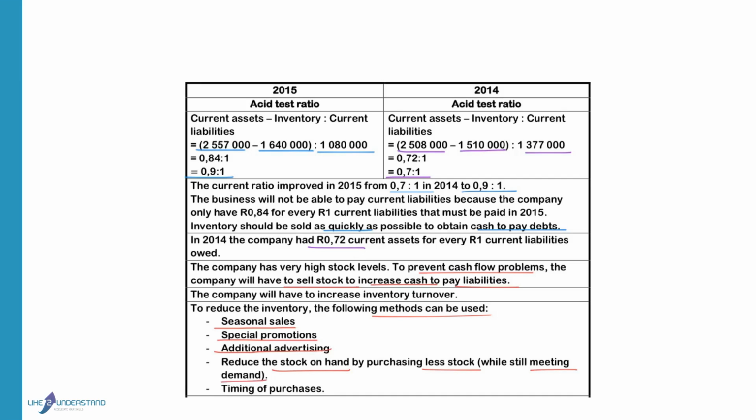You must time your purchases so that you don't buy products in the wrong season. So if it's costumes, for instance, you will buy it so that it will be available before the summer. You will not buy costumes before the winter, etc. So it means that you must time your purchases, so that money is not tied up in products that will take a few months before these products are sold.